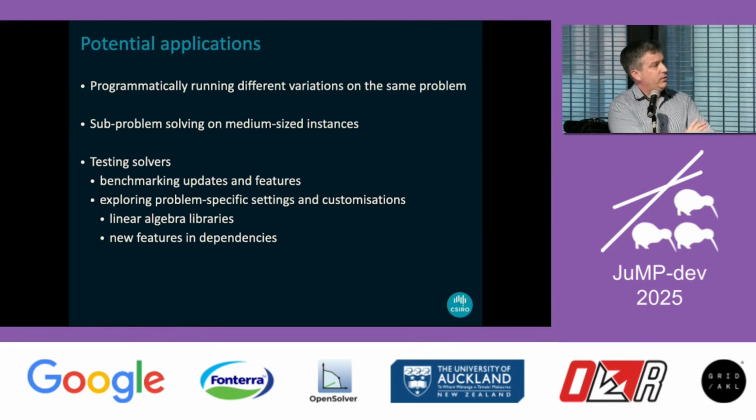Maybe you have to do various customizations, trying out problem-specific settings for your solvers, and you need to run lots of different suites across a matrix of different settings to tune or customize the solver to your particular problem. So I think the model of high throughput computing can be usefully employed in lots of optimization workflows.